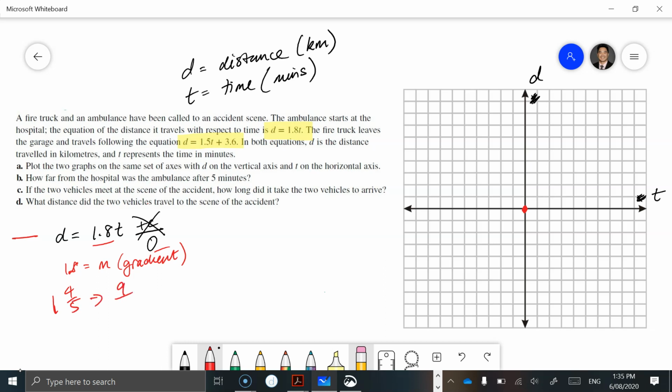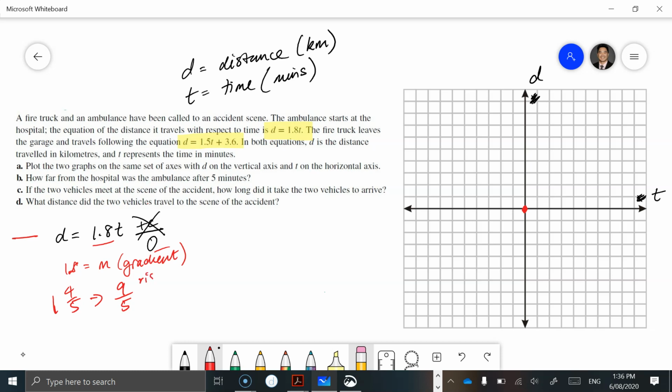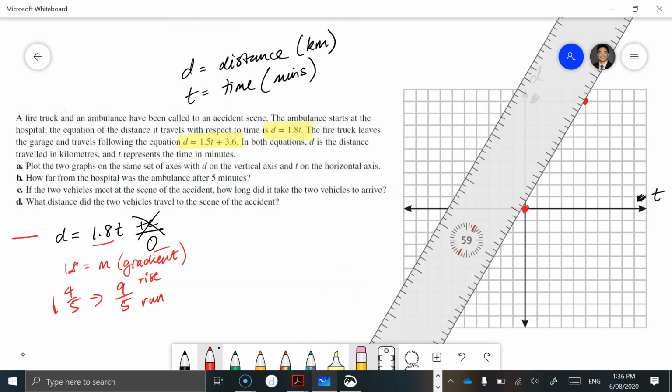So we're looking at 9/5 as our gradient. Okay, so 9 is the rise and 5 is the run. So going from this point here, we're going 9 up, 1, 2, 3, 4, 5, 6, 7, 8, 9. And then we're going to go 5 across, 1, 2, 3, 4, 5. So there's our second point there. So what I'm going to do is jot those 2 points.